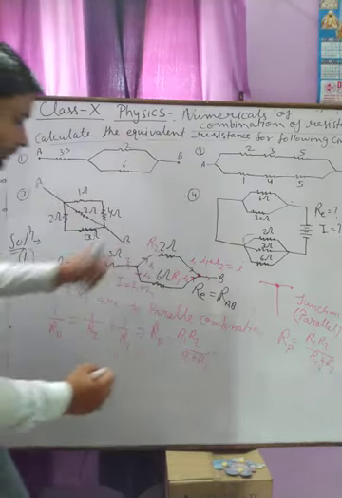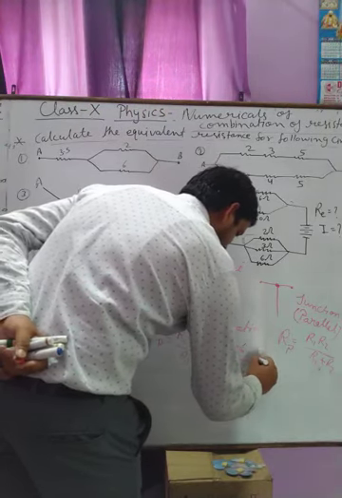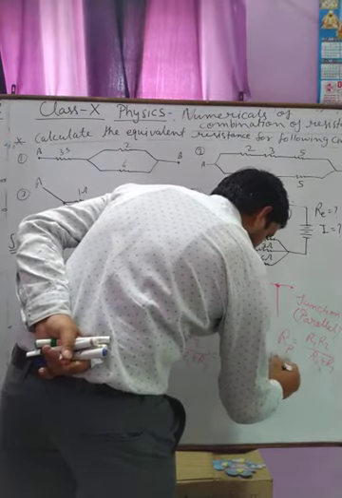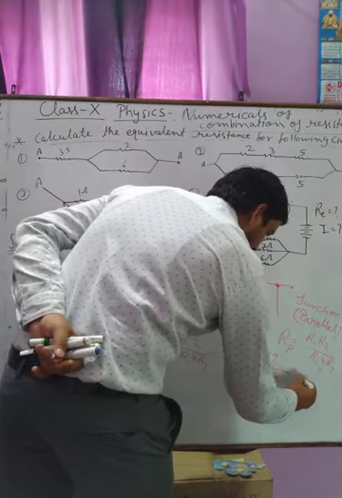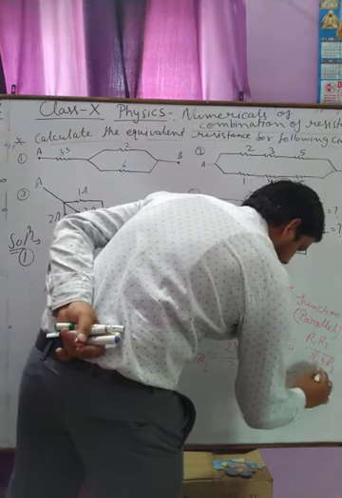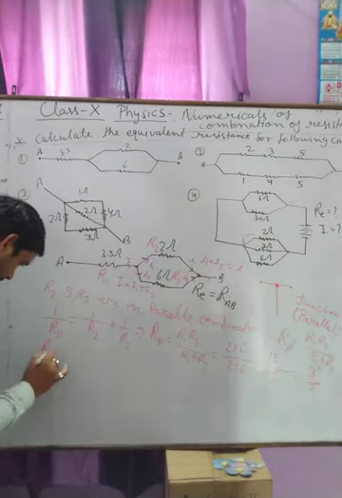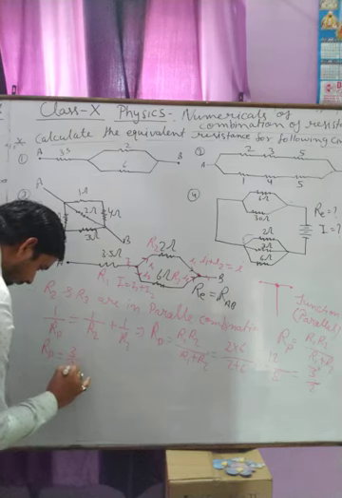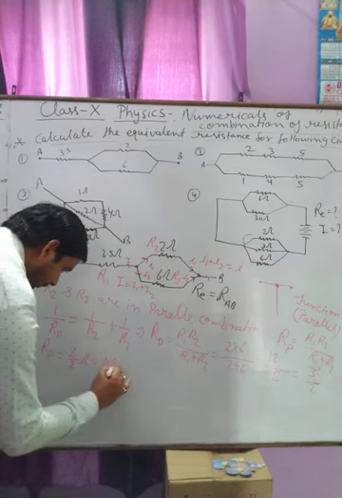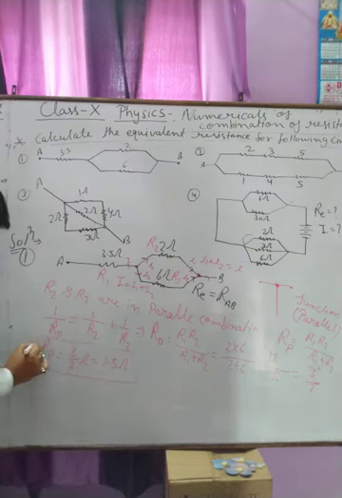On putting these values, 2 into 6 upon 2 plus 6, this becomes 12 upon 8. It will be cancelled by 4, giving 3 by 2. Therefore Rp is 3 by 2 ohm or 1.5 ohm. This is the value of Rp, which is the parallel combination of resistors 2 and 3.